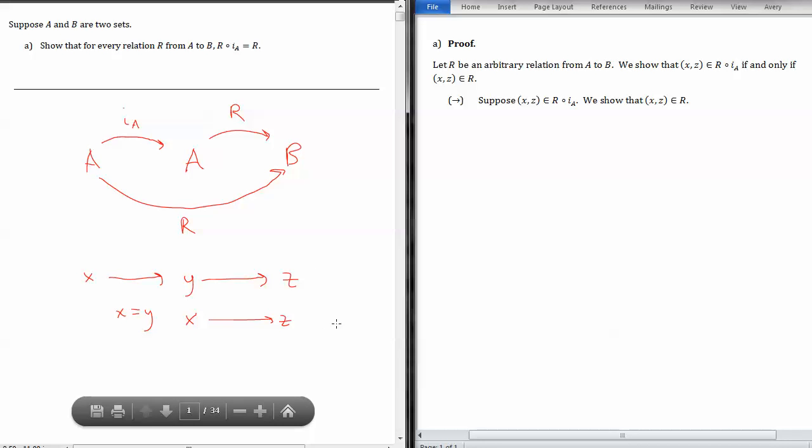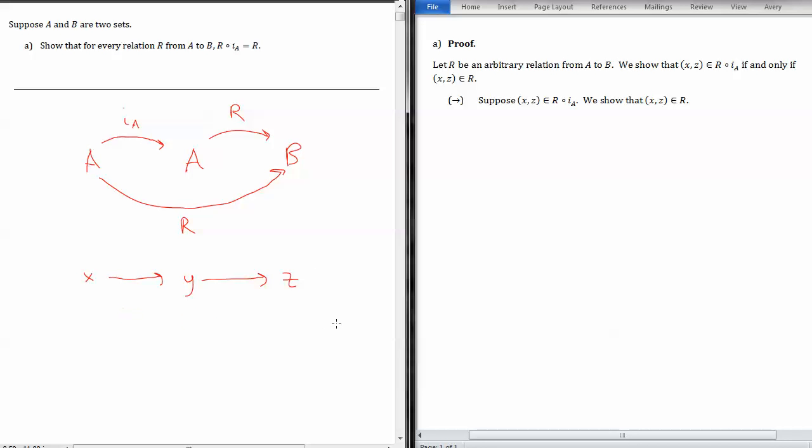And then if we try and turn that around, let me make some more space here again. Okay, so if we take an element of R, namely an ordered pair x, z, which is in R, then we can always see that that's also in this composition because we could put an x in the middle here, and then x is an identity on A, and our assumption was that x, z is in R, right?